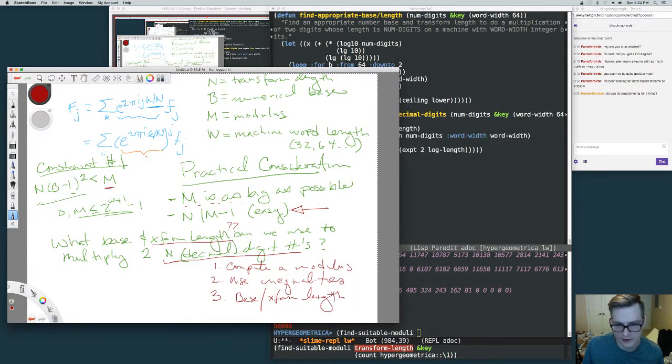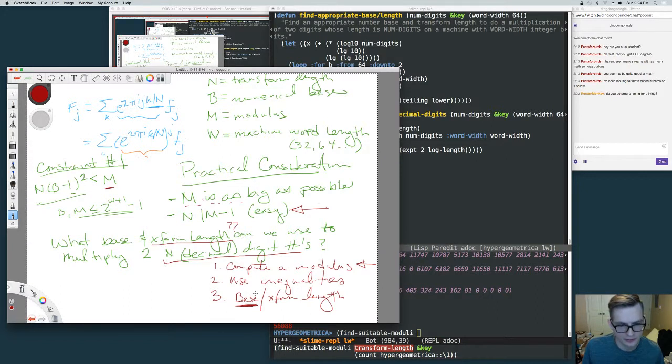The problem is we have a little bit of recursion here. In one sense, find suitable moduli requires that we know the length of the transform that we want to use. On the other hand, we can't know that transform length without knowing what base we want.